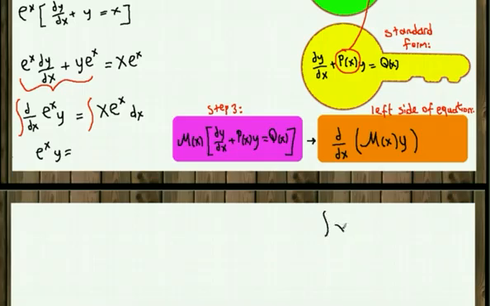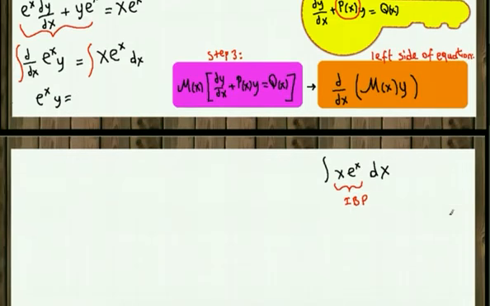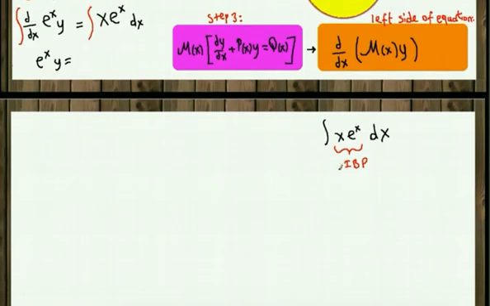Integration of x e to the x is integration by parts technique. Differential equations require high knowledge of integration techniques. Let's see how integration by parts works. So we have two methods here.